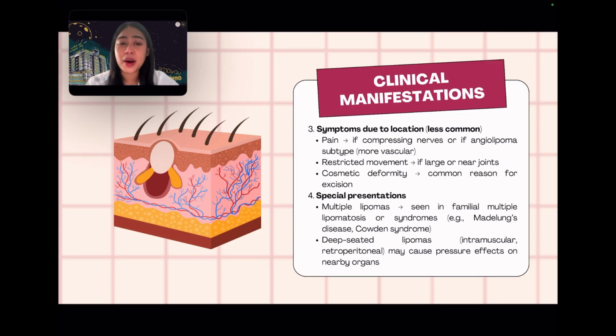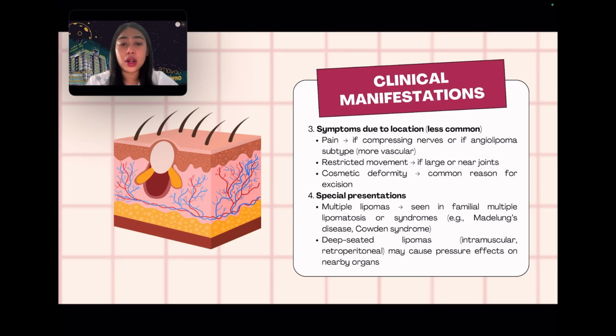It could possibly restrict movement if it's large or if it's near the joints. Usually, people who get lipomas removed do so because of cosmetic deformity or for aesthetic purposes, because, like I said earlier, usually it's asymptomatic and really doesn't do much. So usually its excision is linked with cosmetic deformity.